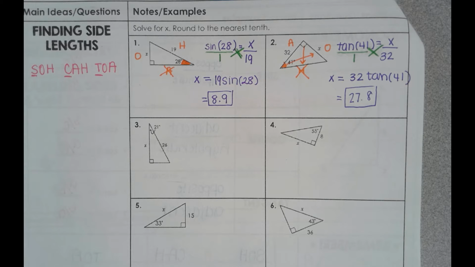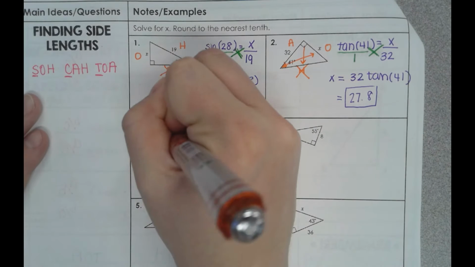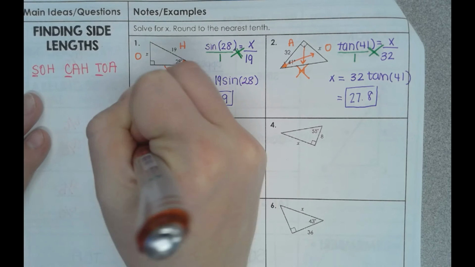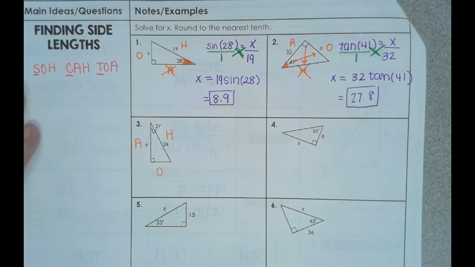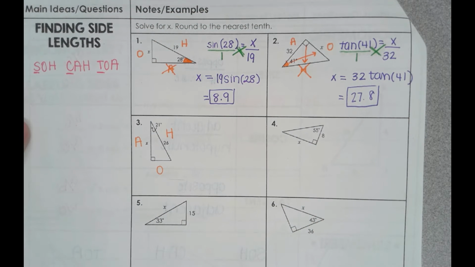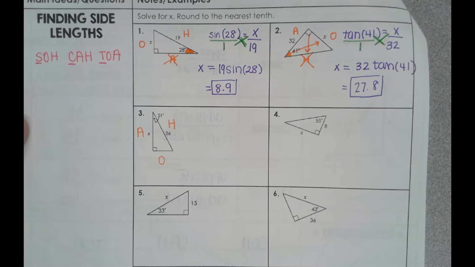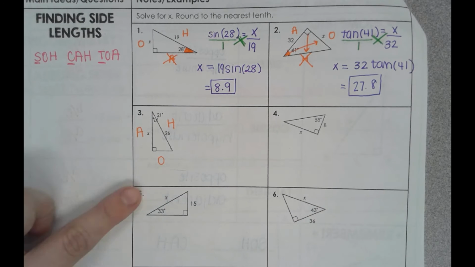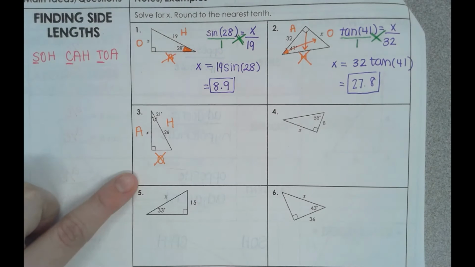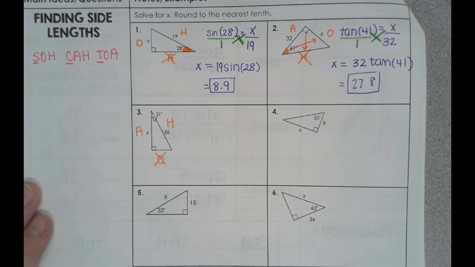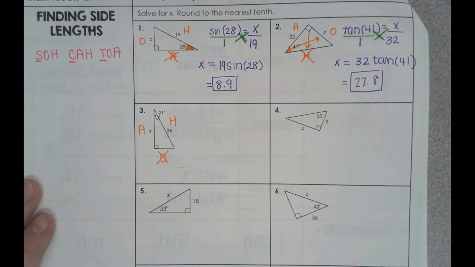All right, number 3, label your sides. This one, I don't have anything with the O, so I'm using A and H. So that has to be cosine.